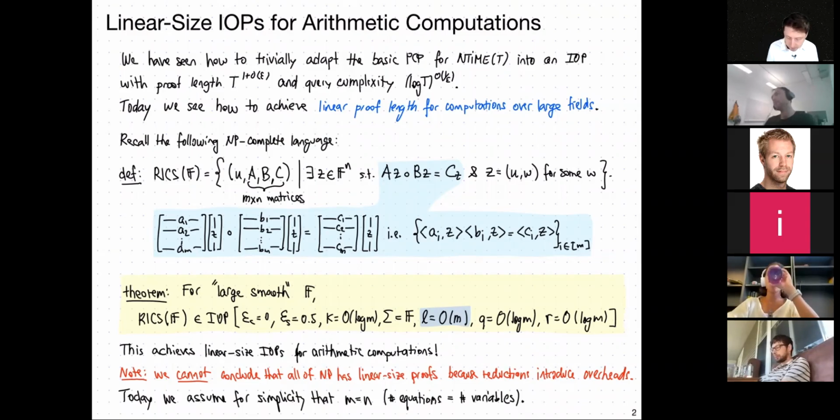In fact, some of the techniques that we see today are not just giving you very nice asymptotics; they are rather practical protocols. Though we won't be seeing many of the optimizations that one has to throw in to make things truly practical.